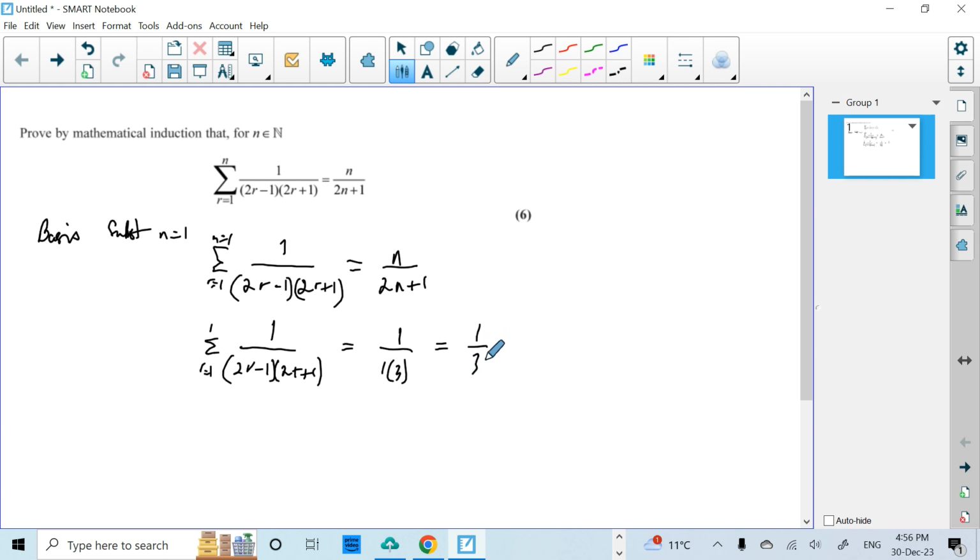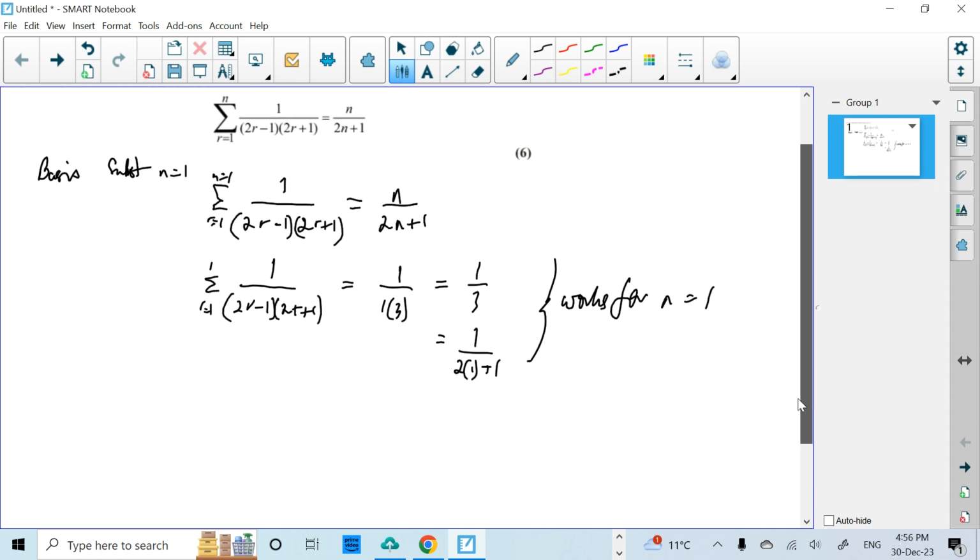And that's consistent with what we have here, because that will give me 1 over 2 times 1 plus 1. Therefore, I can say it works for n equals 1, because this bit here is consistent with this bit here if I substitute the value of 1. So we get a third both ways.